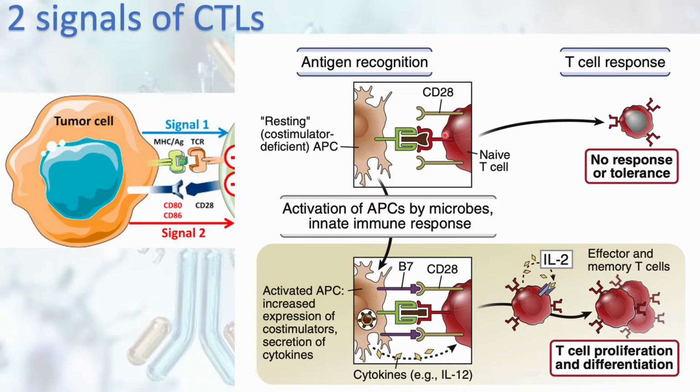If it were just one signal requirement, you would get autoimmune diseases and excessive unnecessary T cell response. But only when the antigen presenting cell is activated by microbes will a co-stimulatory molecule come out on its surface and provide the second signal for T cell activation. In such a case, it will be a true signal, right?